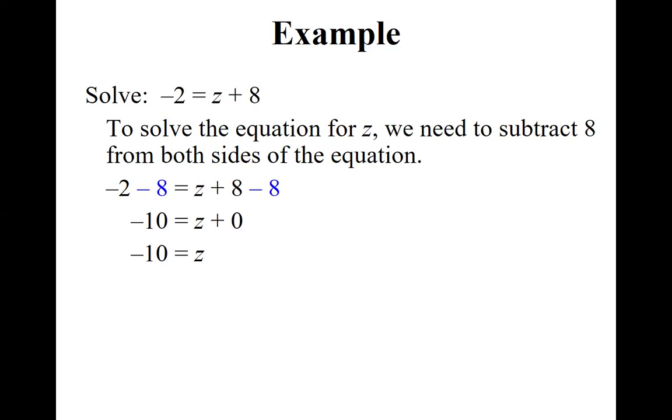So negative 10 equals z. And most of the time, we're not going to go through the steps of checking the solution to see if it works. The check is always left to the student in most cases. So feel free to check negative 10 in that original equation and make sure that it works.